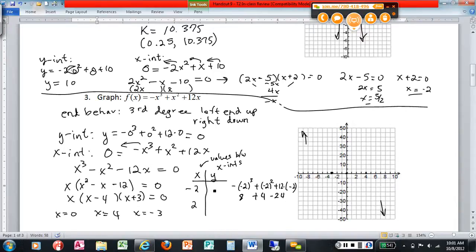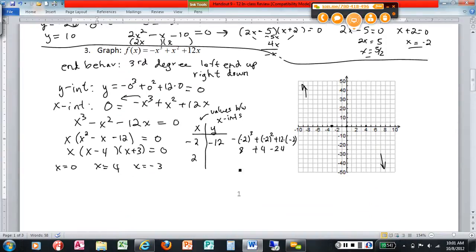That's going to be negative 12, isn't it? For negative 2. And then when x is positive 2, we have negative 2 cubed plus 2 squared plus 12 times 2. That's going to be negative 8 plus 4 plus 24. I believe that's going to be 20. Sound right? Negative 2, negative 12, positive 2, positive 20. Anybody else believe that? Is that okay?